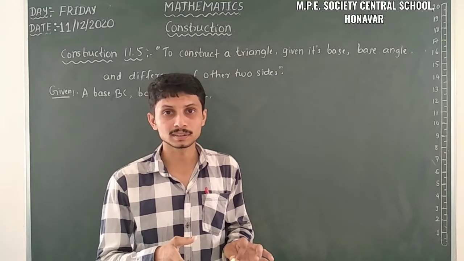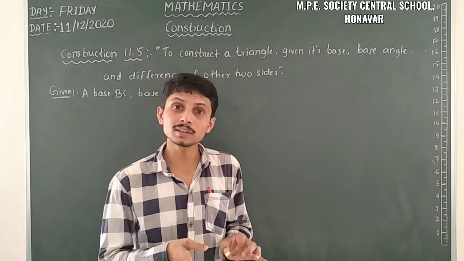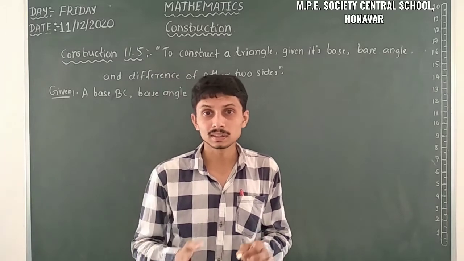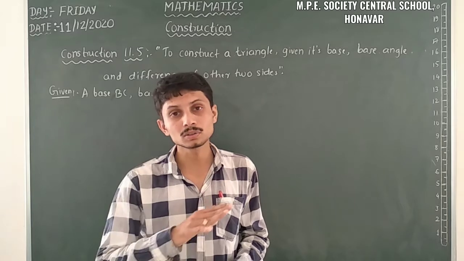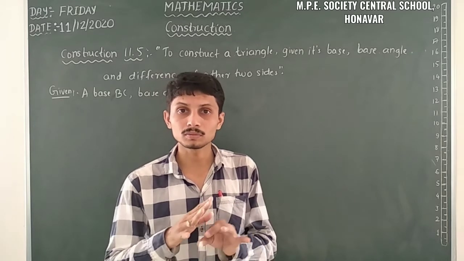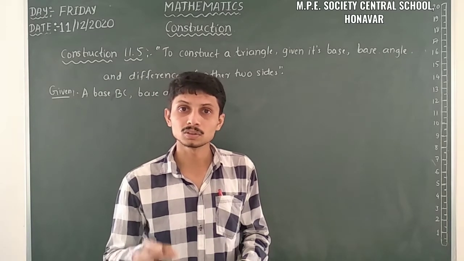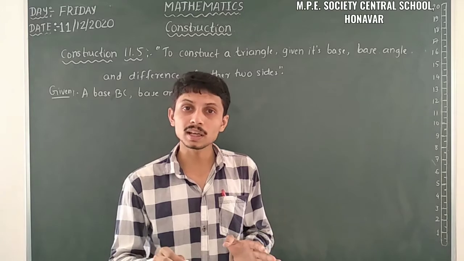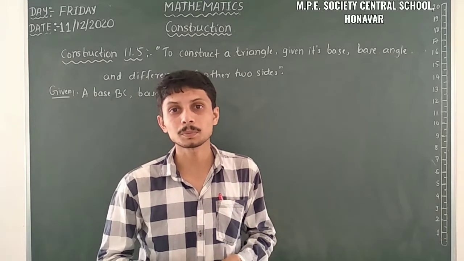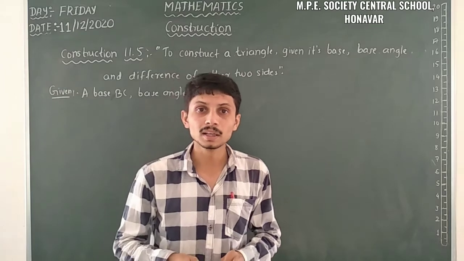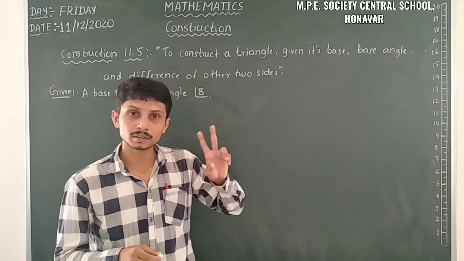Here confusion arises, but we already know that whatever the length of a side or the measure of an angle, it is not negative. We can't take it as a negative number. So the difference of the other two sides must also be positive, and we have to take it as positive only. So there are two cases.